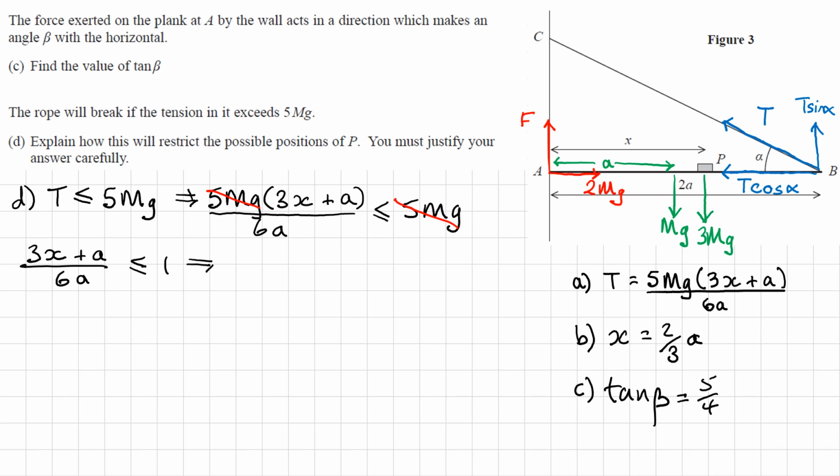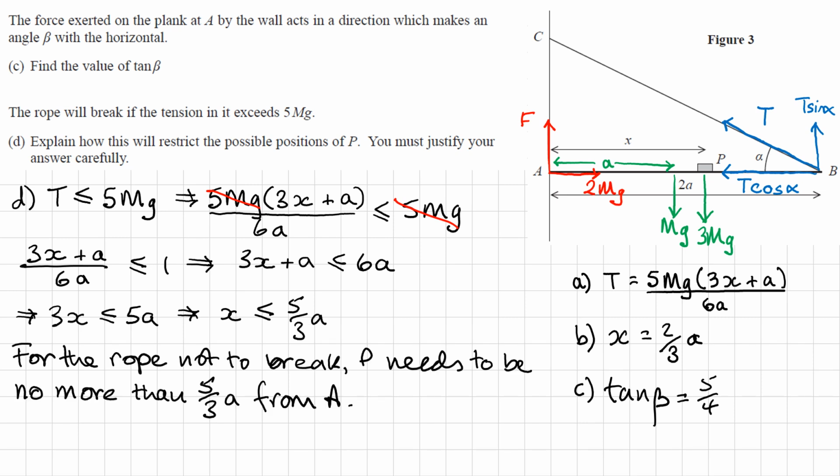We'll times both sides by 6A, so 3x plus A is less than or equal to 6A. And then we can subtract A from both sides, so I'll have 3x is less than or equal to 5A. And then divide both sides by 3, so x is less than or equal to 5 over 3 a.